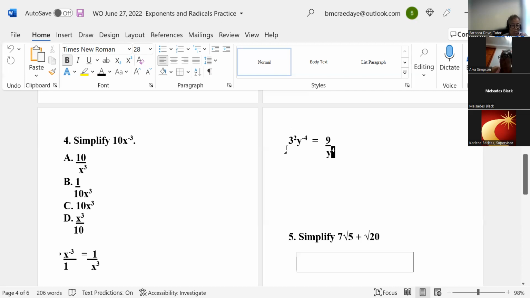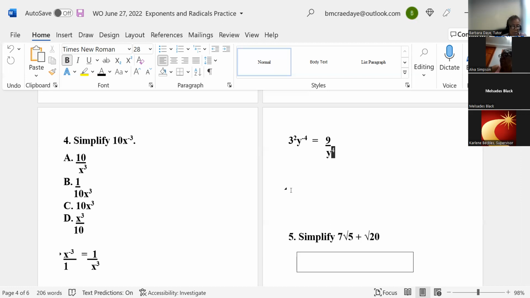And then the y to the -4 would just be 1 over y to the +4. Is that clearer now on the negative exponents? Yes, miss. Alva, you okay with this? Yes, Miss Barbara.